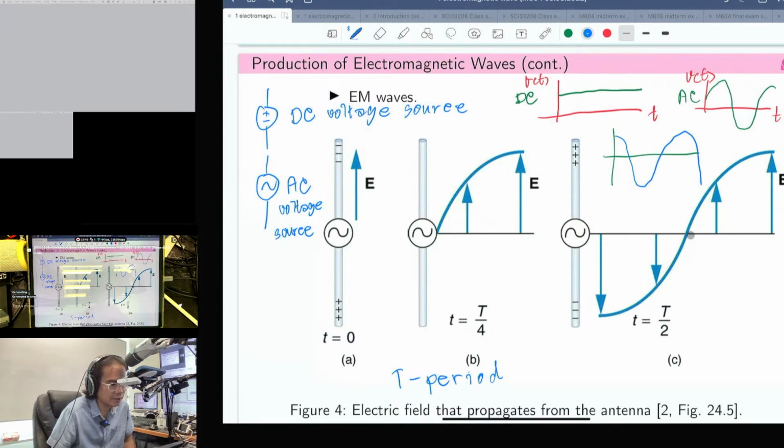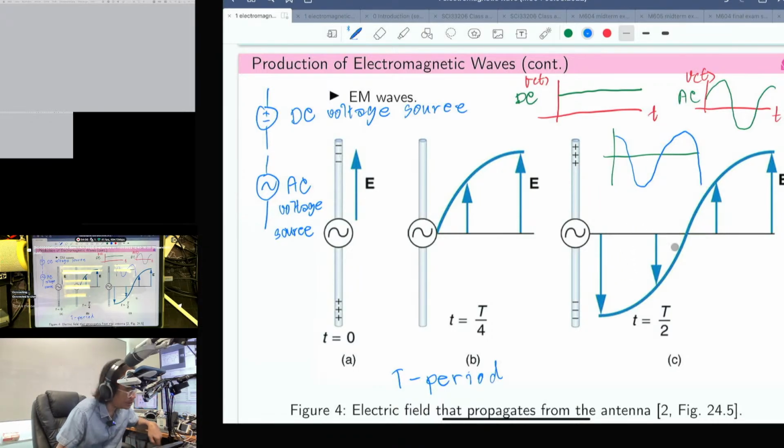And once you let the time go by, the other side of the copper wire will collect the opposite charge. Before, they had negative charge, and once the time goes by, they collect positive charge. Now the E field is pointing downwards, so that's why we have the arrow pointing below this line, because it's a negative quantity.